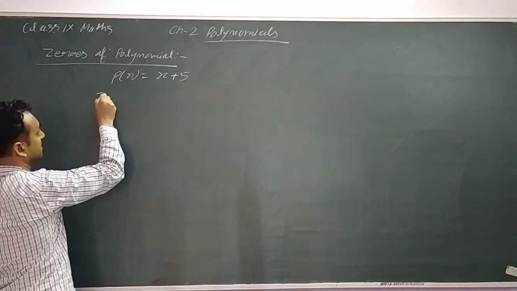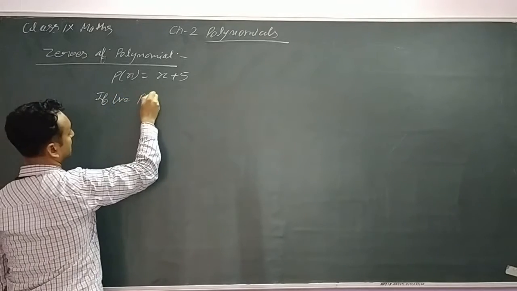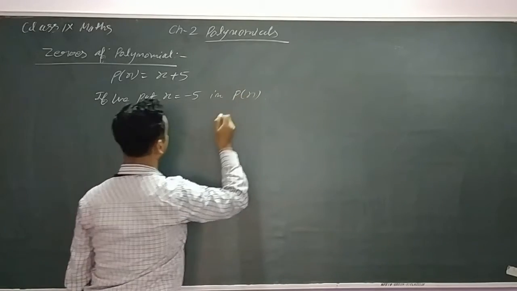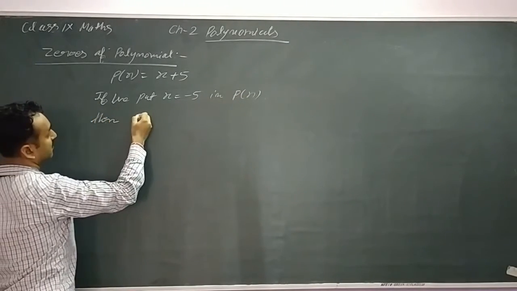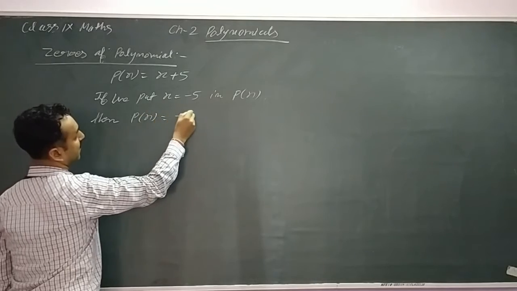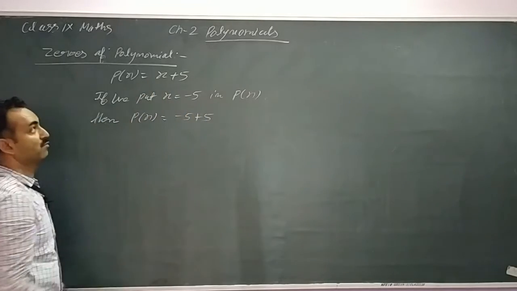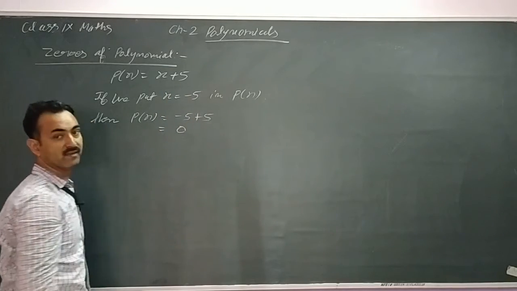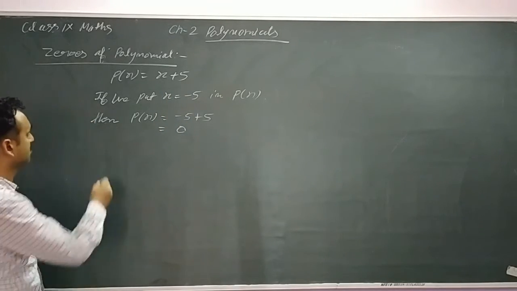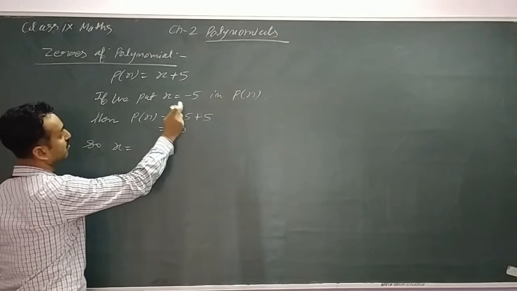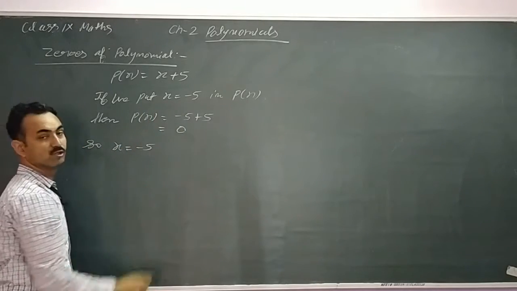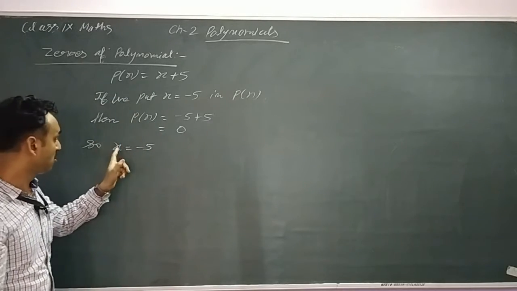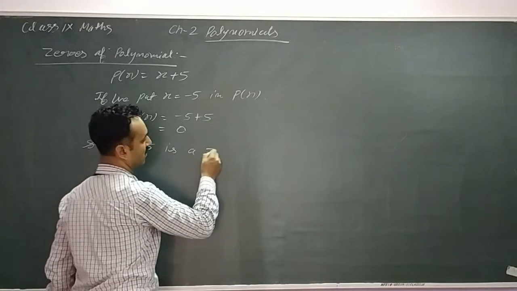Suppose we put x = -5 in p(x), then p(x) becomes -5 + 5. If you put -5 in the place of x, it becomes 0, because -5 + 5 is 0. So x = -5 is a zero of the polynomial.